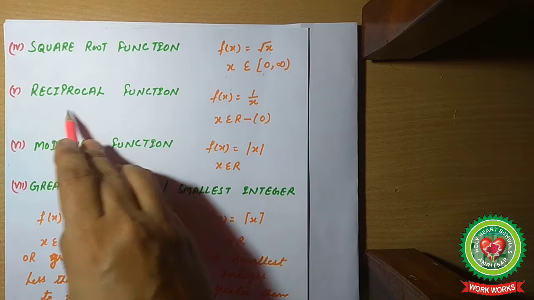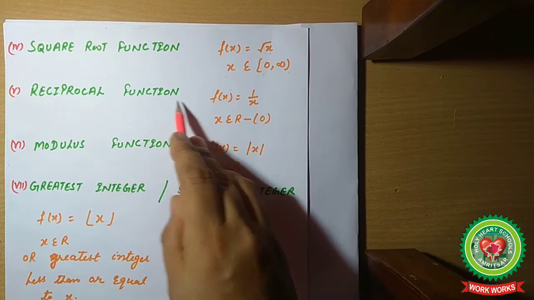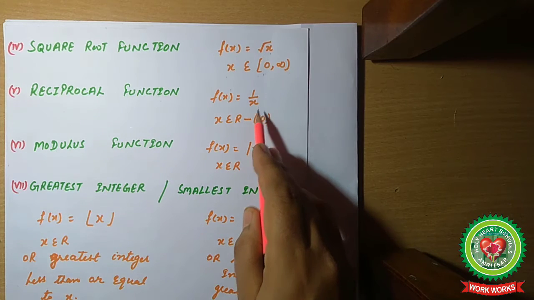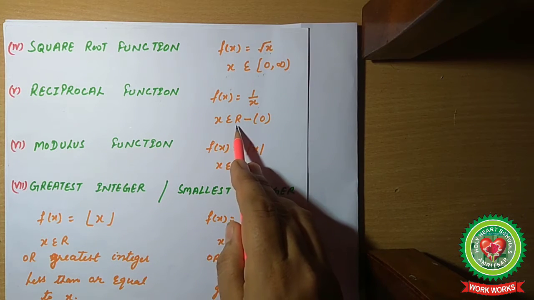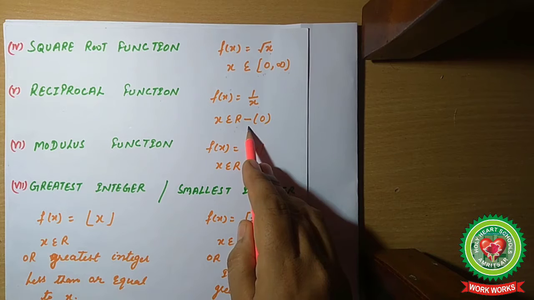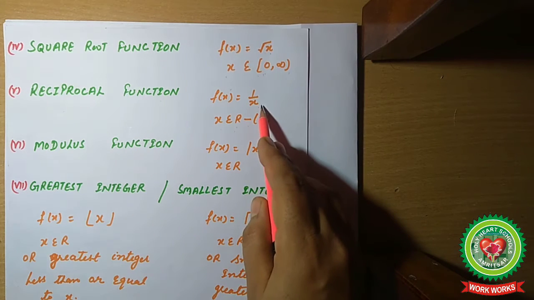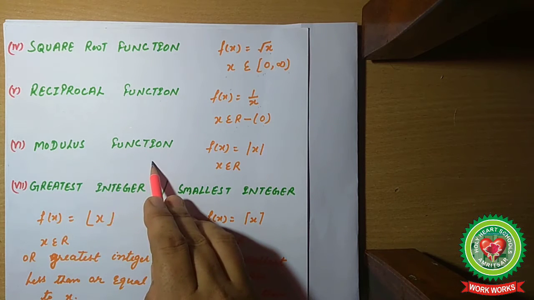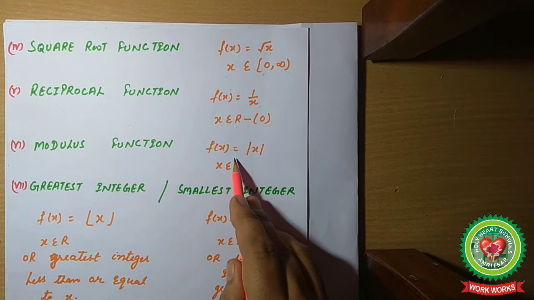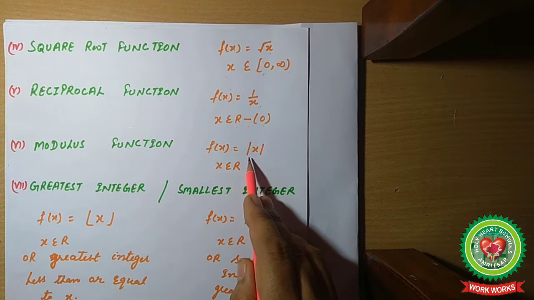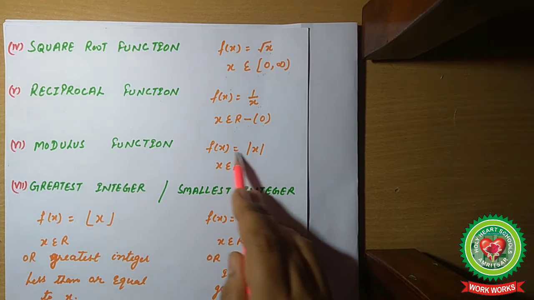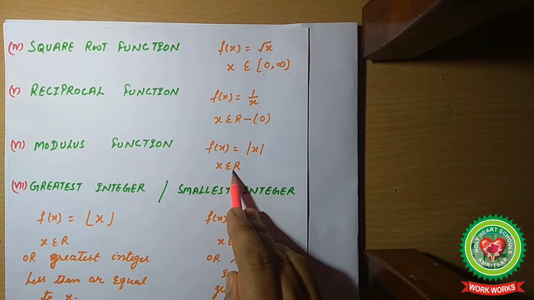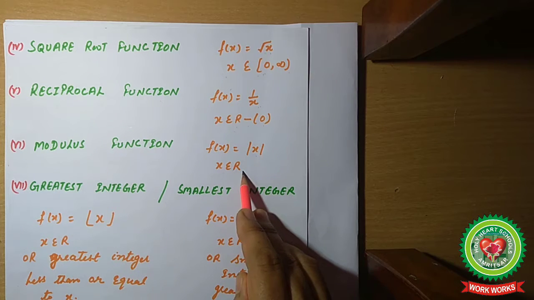Reciprocal function, f(x) = 1/x. Here x belongs to the real numbers except 0, because 1 upon 0 is infinity. Modulus function: if we take negative values of x, it will also give a positive result. So f(x) = |x| is also a real function in which x belongs to R.